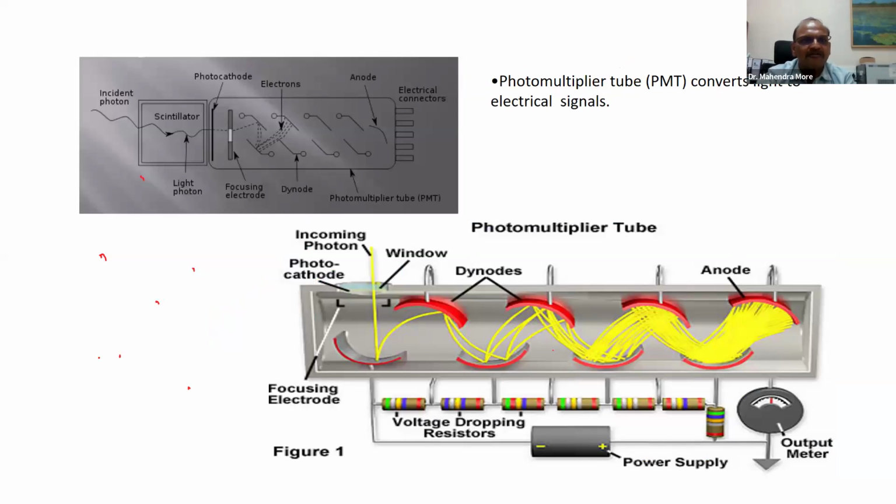This way, the incident photon interacts with the scintillator. The scintillator gives off light photons, and those light photons fall on the photomultiplier tube at the focusing curve. From that focusing, there is a multiplication of the electrons, and at the anode the signal will be captured.